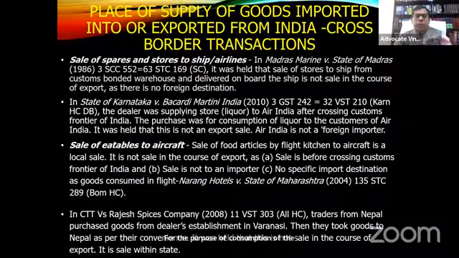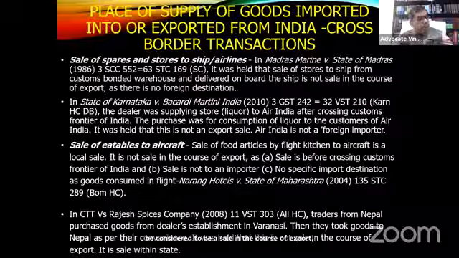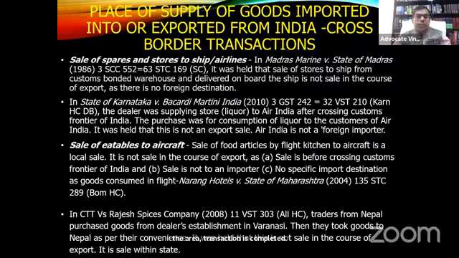In these scenarios, it has been held that it cannot be considered a sale in the course of export, because the goods are sold to the ship or the air carrier while they are located within the boundary of India. The transaction is completed while the goods are located in India. Place of supply will be considered to be in India. Therefore, it cannot be considered to be an export transaction.